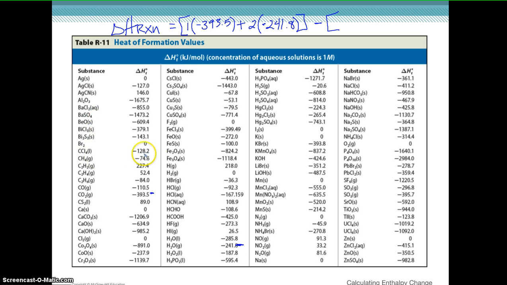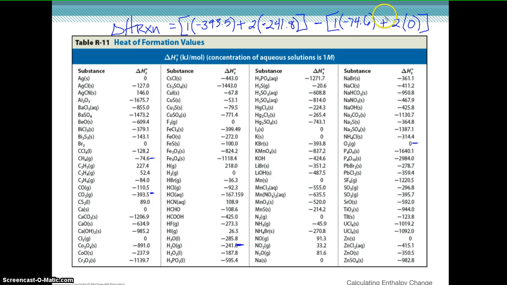So let's find CH4 gas. There it is right there. So 1 mole of CH4, negative 74.6, plus 2 moles of oxygen gas. So we'll come over here to the O's. Here's oxygen gas, and it's 0 because it's an element, right? So anytime you have an element, it's going to be 0.